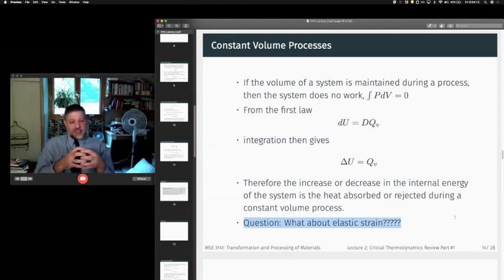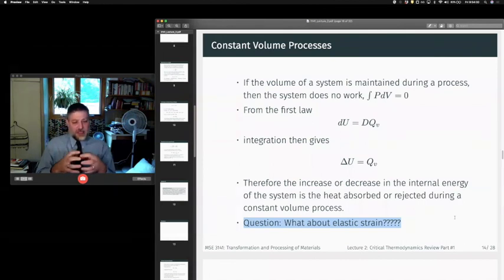All of the atomic bonds are now at a different length than they want to be. They're reacting against the force that's confining them all down. And that's essentially the thought experiment of where enthalpy comes from. We can think about thermal expansion and then compression back down.